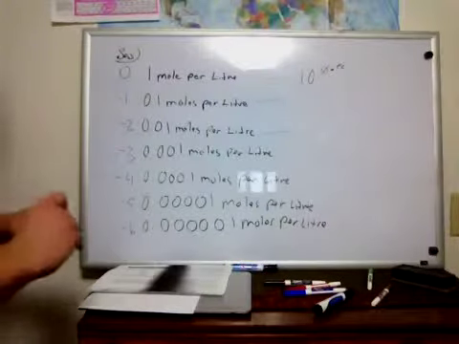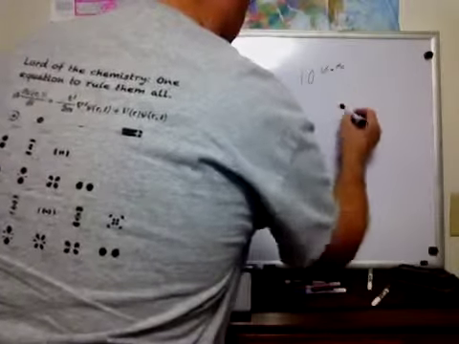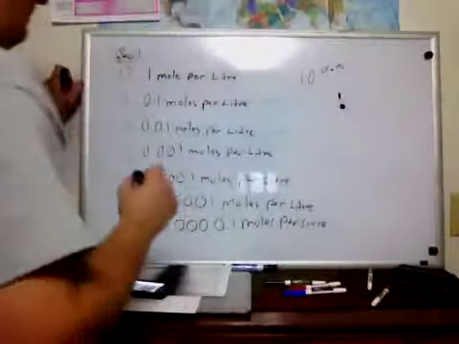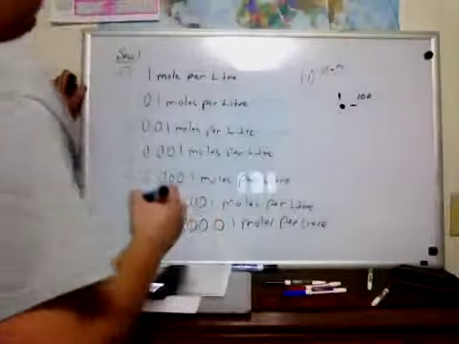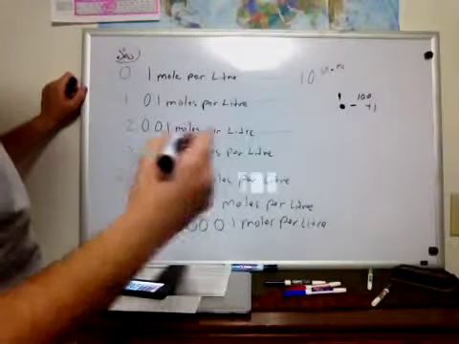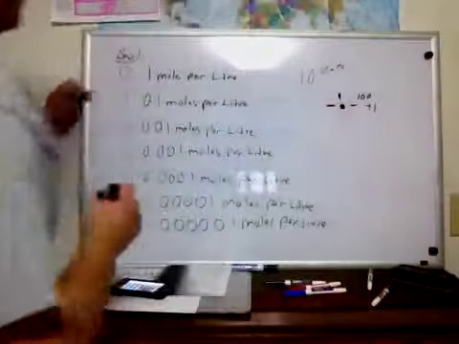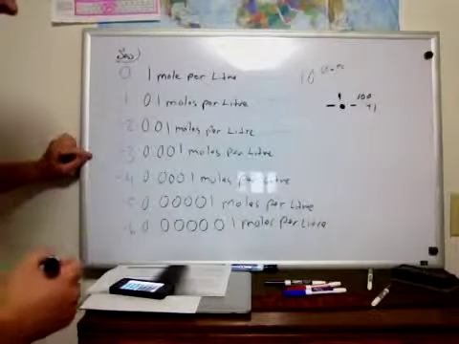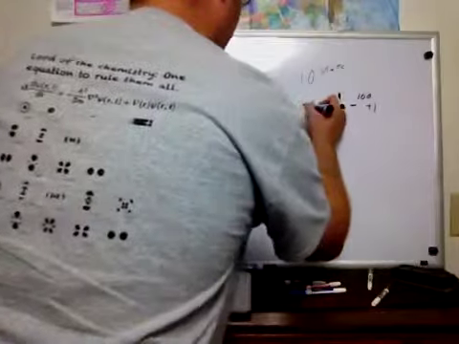Well, that should give me a -1. Because remember, I'm starting out here at 1, right? If I go up to 10, my log would be +1, since 10 times 10 is 100. However, because I'm getting smaller, it's not going to be +1, it's going to be -1.